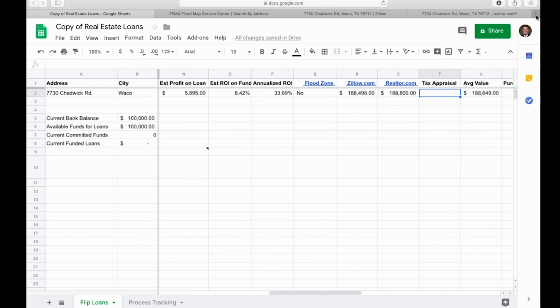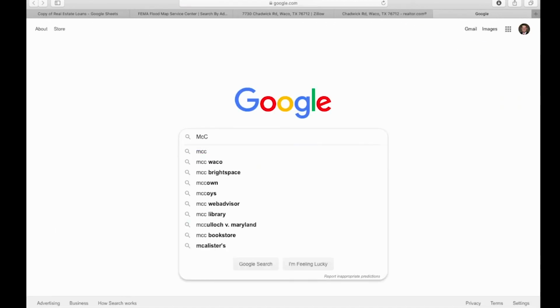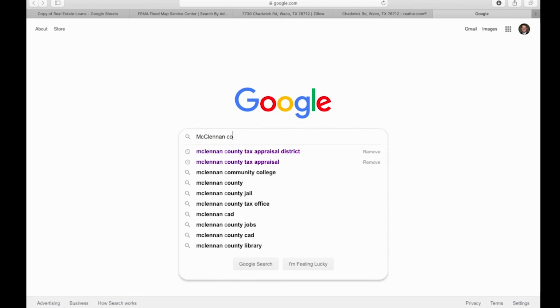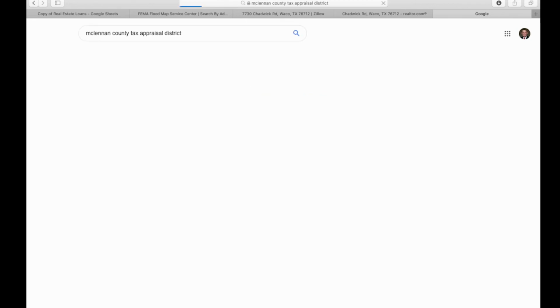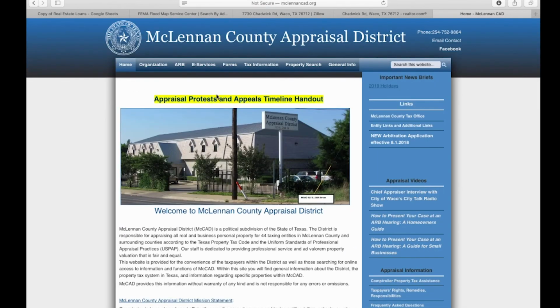This is a very helpful tool to see what it appraised for as far as property taxes go. So Waco, Texas is actually in McLennan County. And so I can look up the McLennan County Tax Appraisal District. And I can go to a property search here.